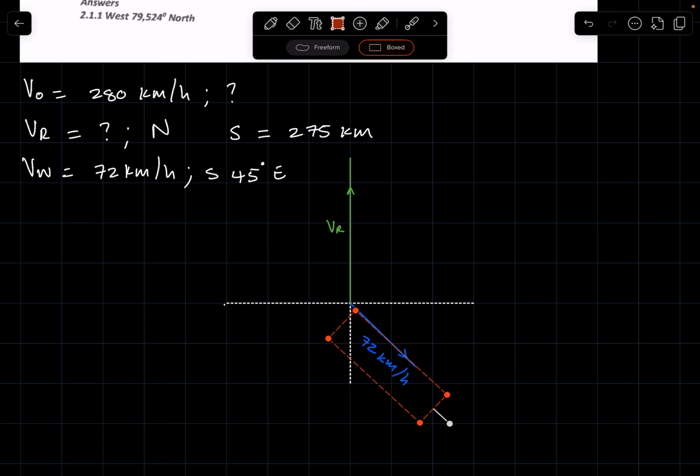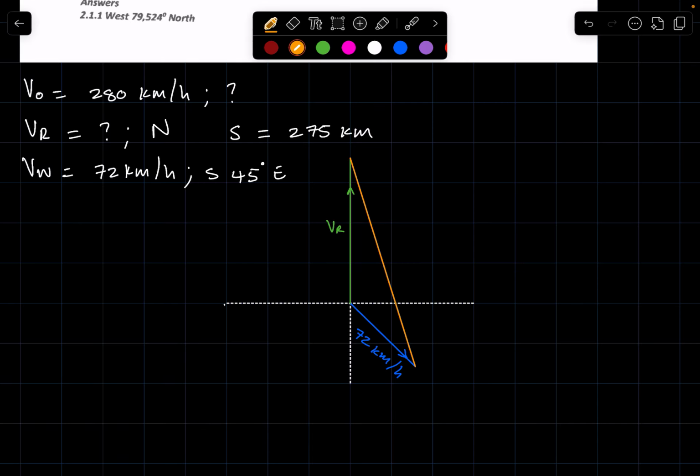Then to complete the triangle, you simply have to draw a line that connects the two vectors that you've already drawn. That completes the triangle.